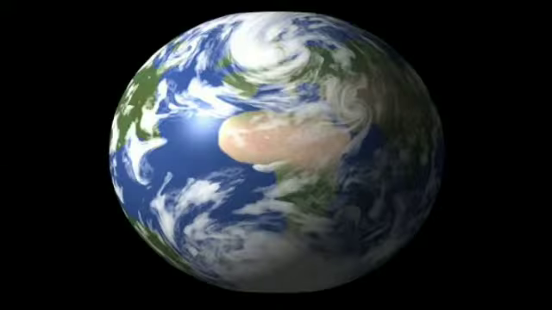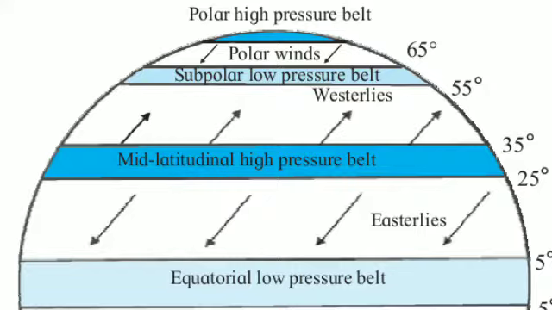Now see, student, subpolar low pressure belt. In the first chapter, student, we have learned that our Earth's shape is spherical, meaning it is curved, it is oval. So as its shape gets curved, when we move from the equator to the pole, the area is less over there.